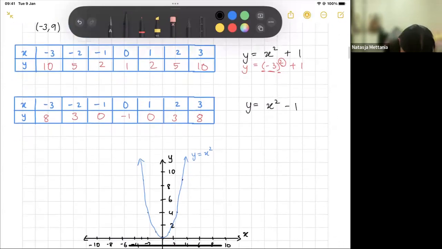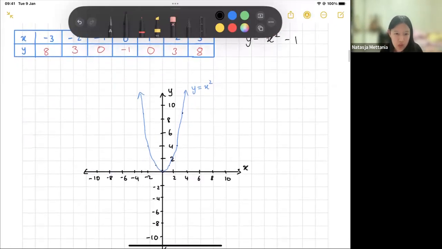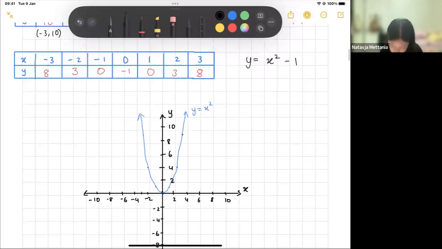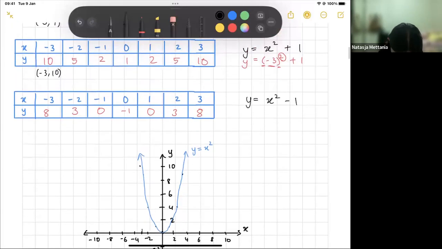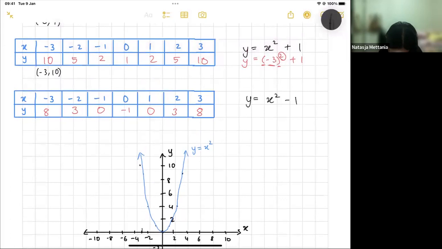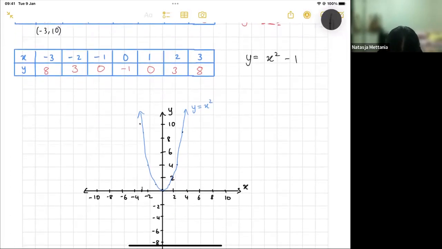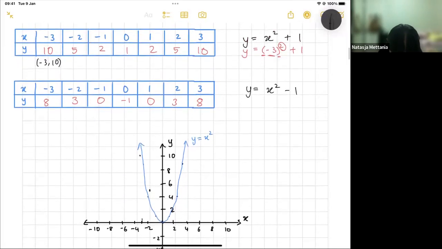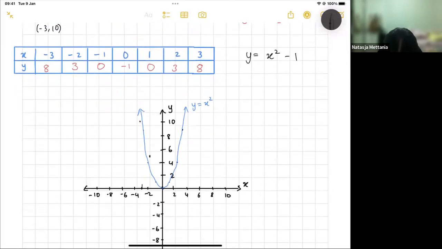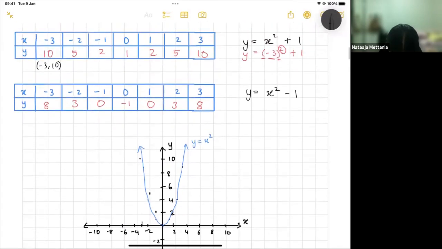All right, -3, +10. That's my coordinates. So let's go to -3 and +10 for this next one. -3 is here. Go up to +10 right there. -2, 5. -1, 2. 1, 2.